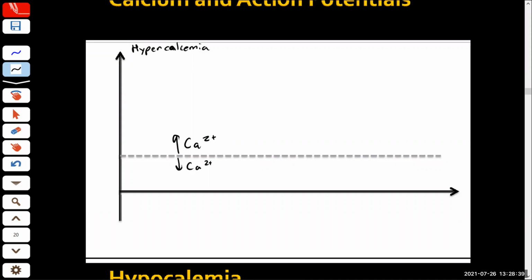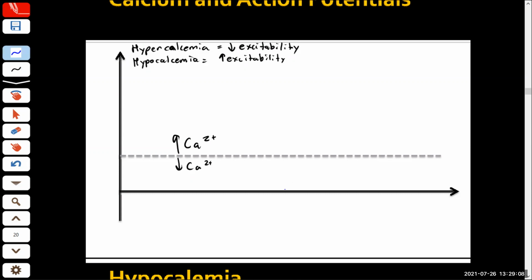Hyper would raise it. So what happens to my excitability? It decreases. And hypocalcemia increases excitability.